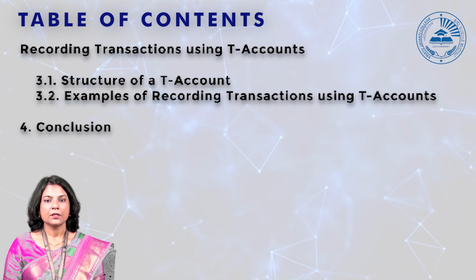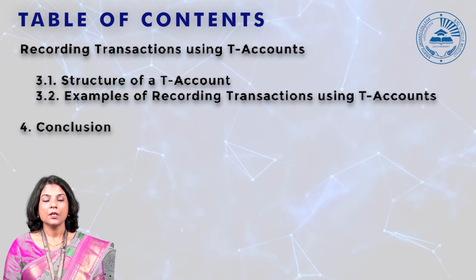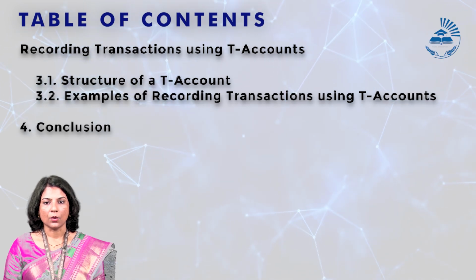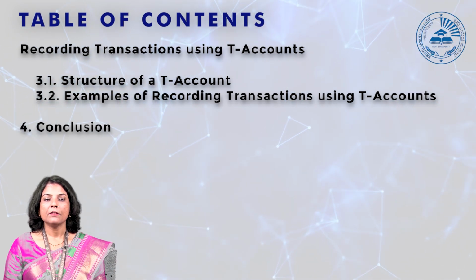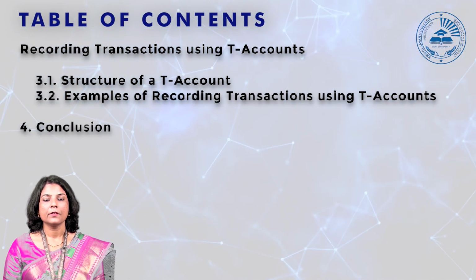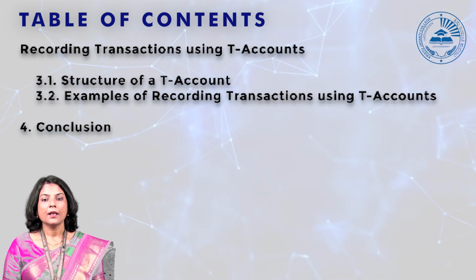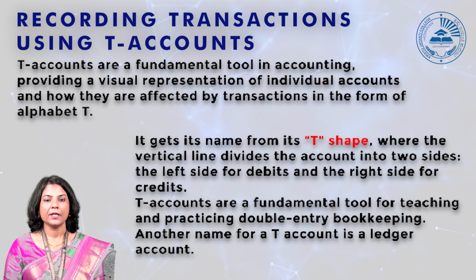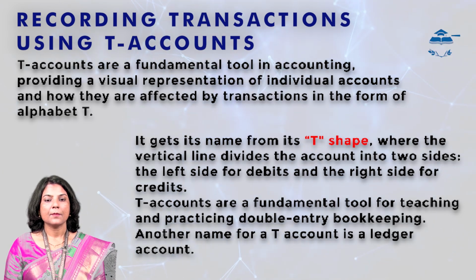So, recording transactions using T accounts. T accounts are fundamental tools in accounting which provide a visual representation of individual accounts and how they are affected by transactions, in the form of the alphabet T. Why is it named T?